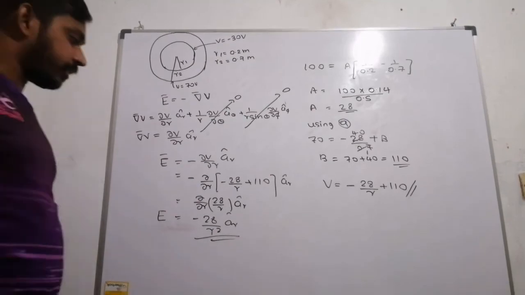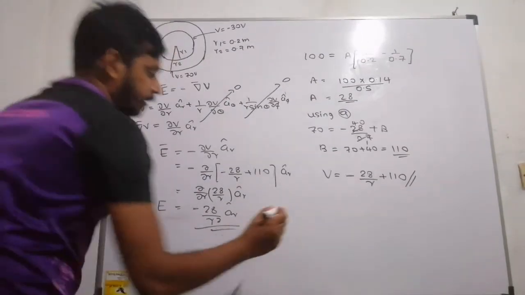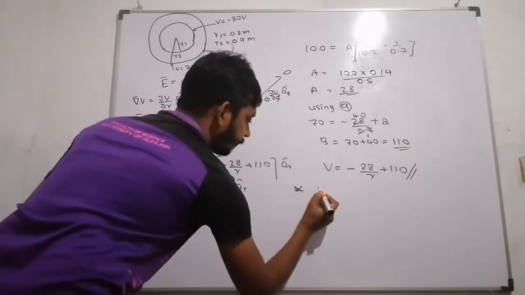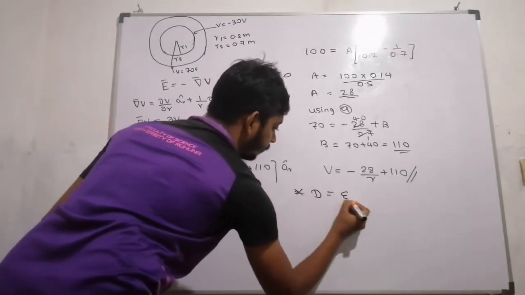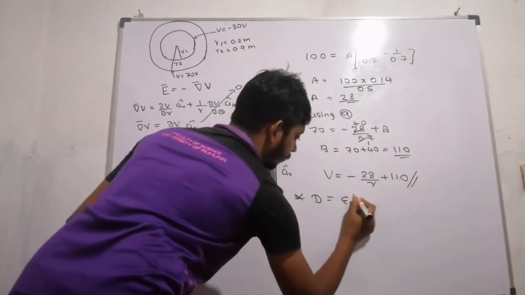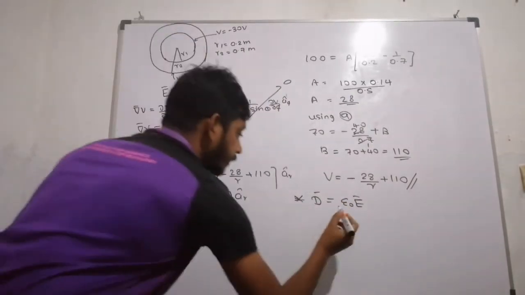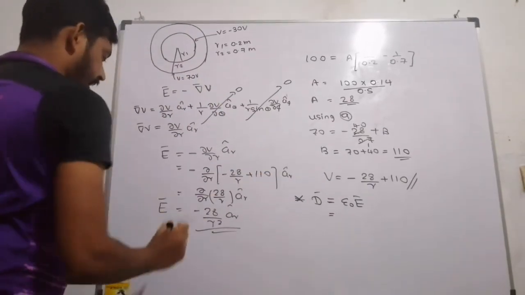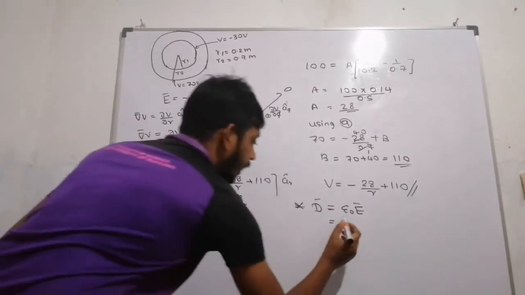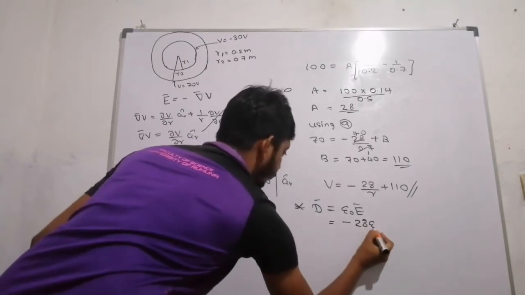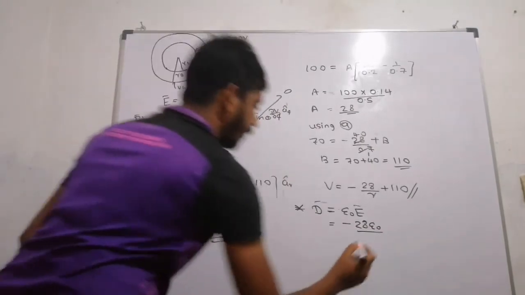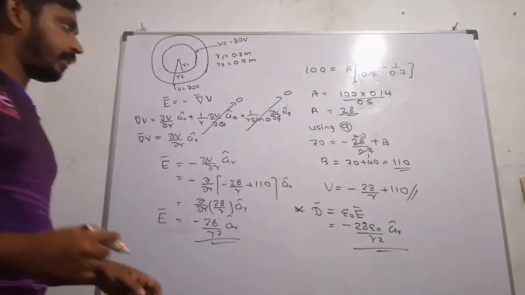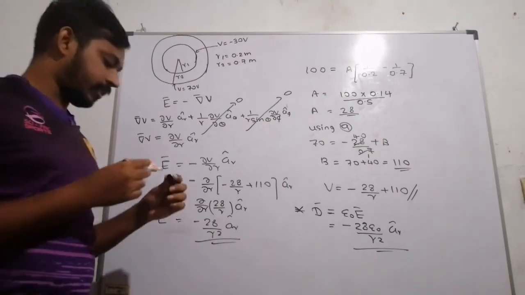Now let me find the capital D. As you know, D equals epsilon naught times E. Just substitute E here. I can reduce D to minus 28 epsilon naught divided by R squared aR. This is the first example.